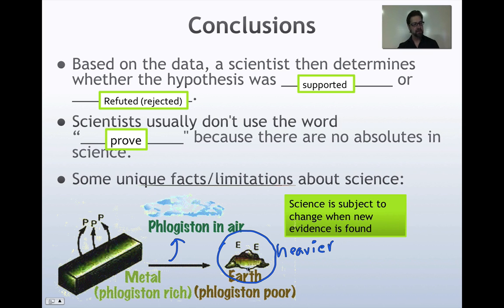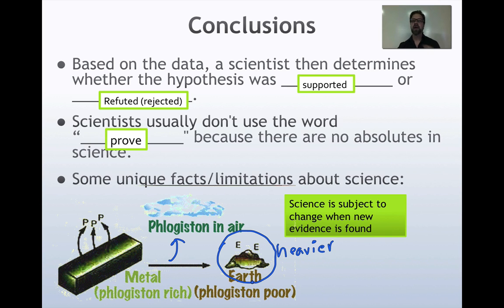But this was heavier. So by showing that your results here were something different, they burned a lot of different metals, and they found that indeed when you burn a lot of, for example, the group 2 metals on the periodic table, your result is actually heavier than before you burned it.